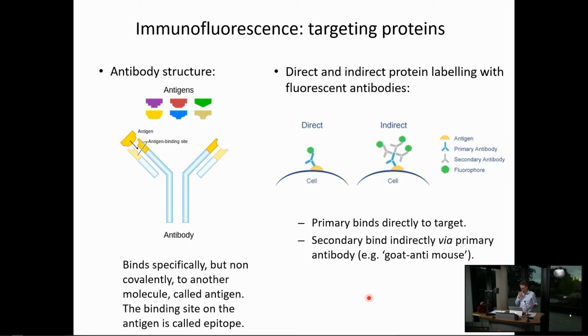How do I make the color appear, and how can I be sure that color from the reporter dye really only refers to the presence of protein A and not the many other proteins that are present in the cell? So this is the field of immunofluorescence. So this is the field of targeting proteins with great specificity.